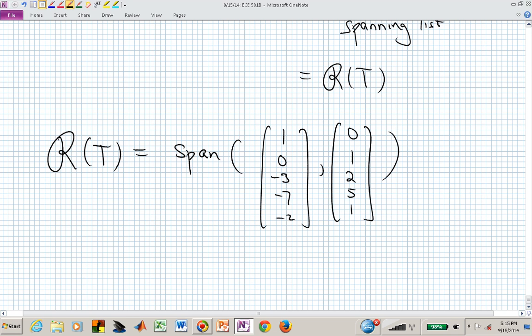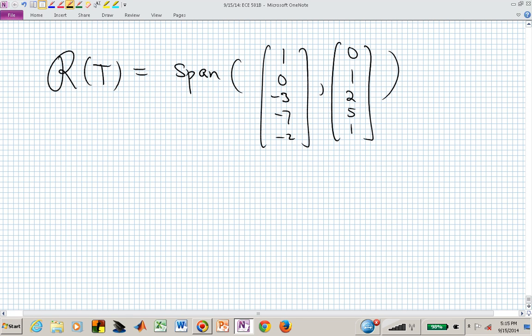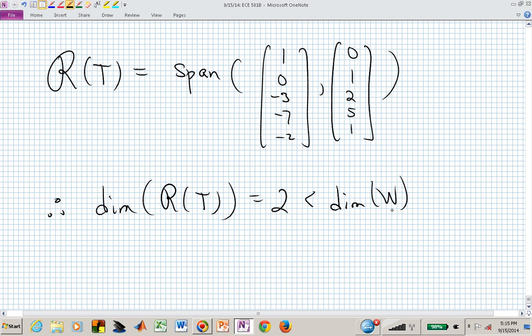And this is of minimal dimension, meaning the dimension of the range of T is equal to 2, which is less than, quite obviously, the dimension of W, which was R5, which was 5.